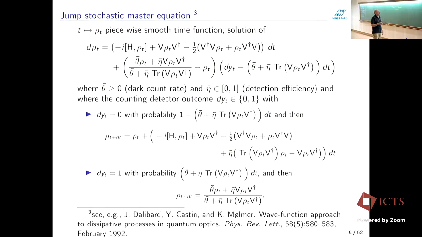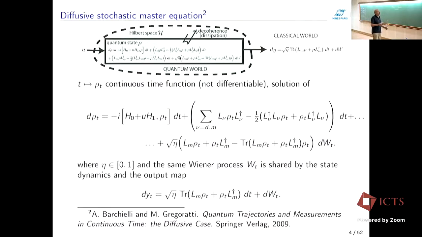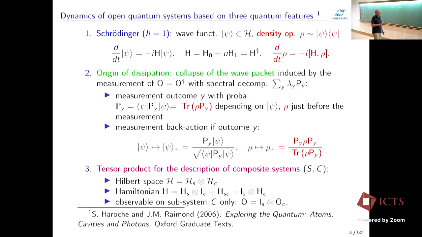At each time step, either you have no detection, no click, or you have one click. And you have to update the density operator like this. So it is a stochastic master equation, but driven with Poisson noise. And you will see how to get this equation from the three basic rules here. Okay.